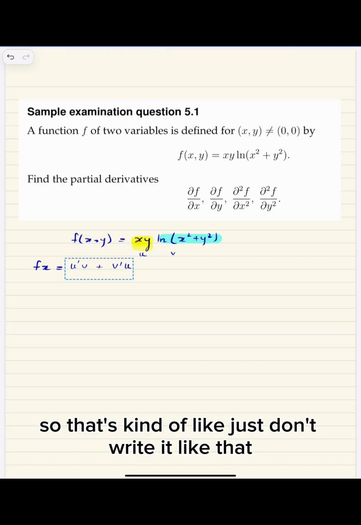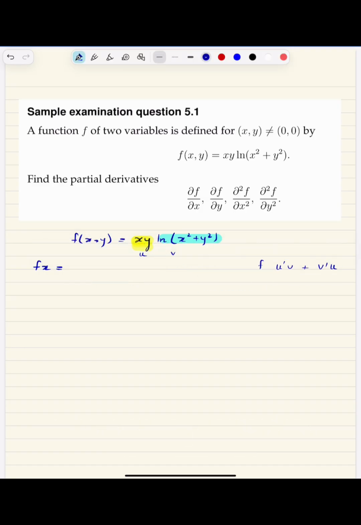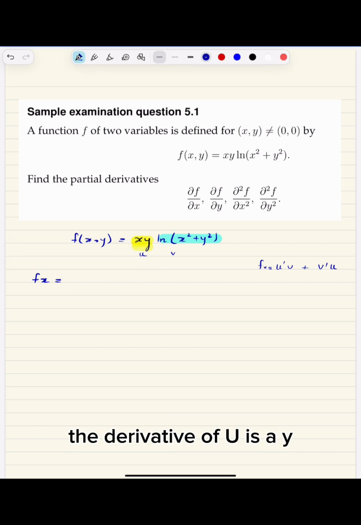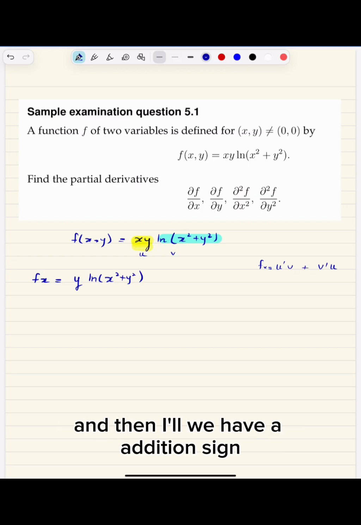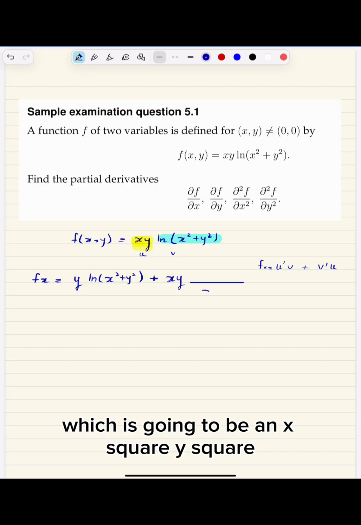Just don't write it like that, it's just rough work. Any examiner will not appreciate that. So the derivative of u is y, and I'm going to keep the other function as it is. Then we have an addition sign, the first function as it is, and the derivative of the second one, which is x² + y².